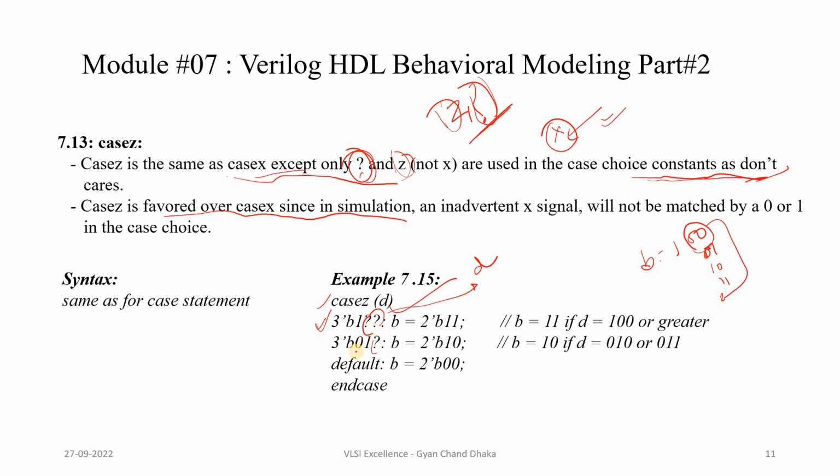And similarly here also this question mark symbol is considered as a don't care. So for both 00 and 01, that means 010 and 011, this item will be matched. So guys, I hope the basic difference between casez and casex is clear.